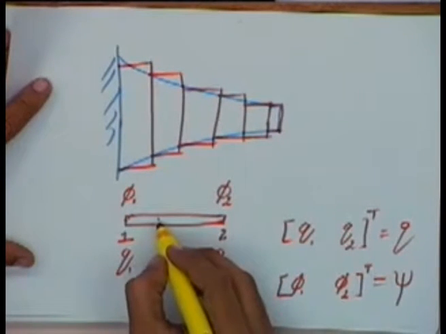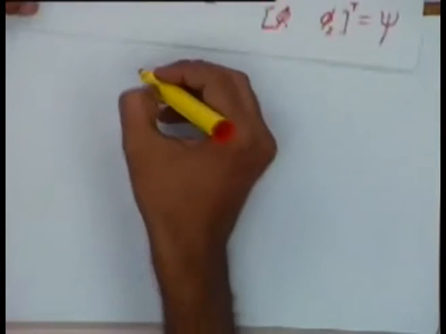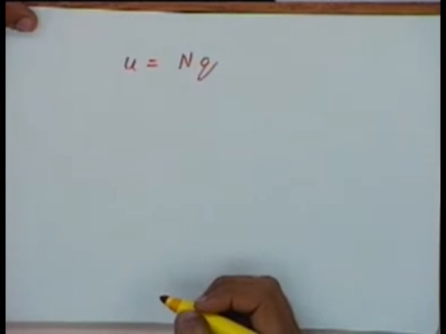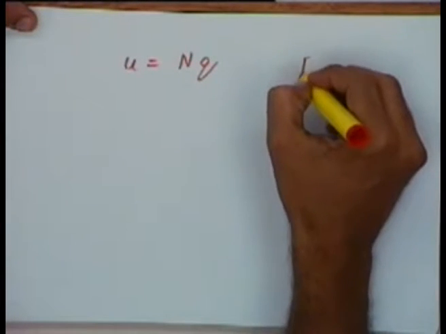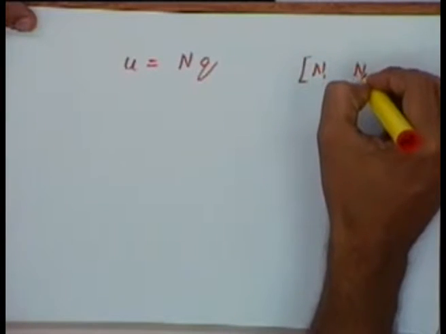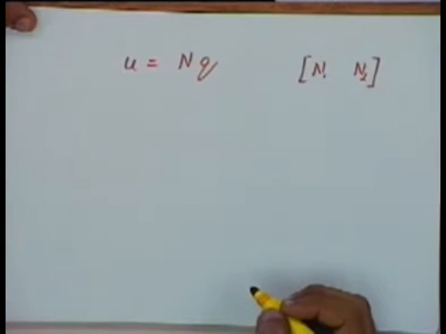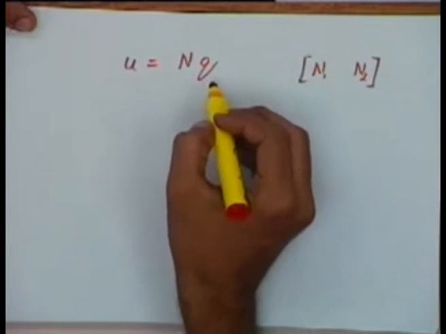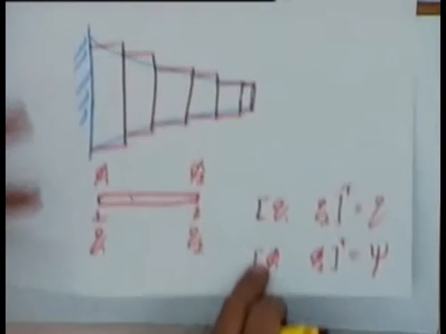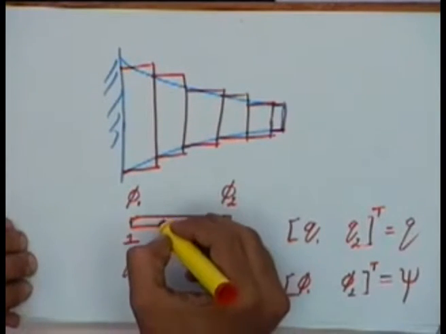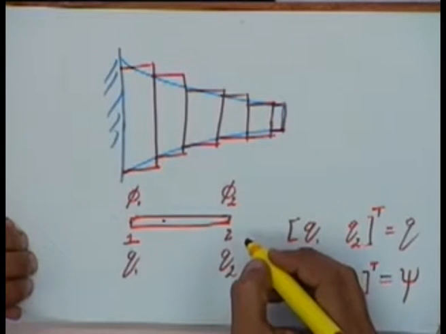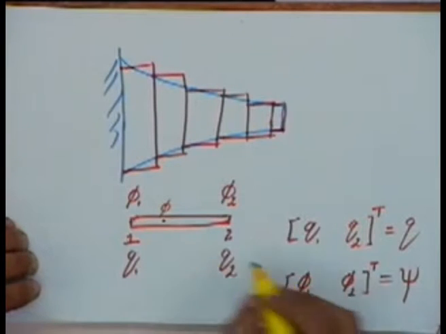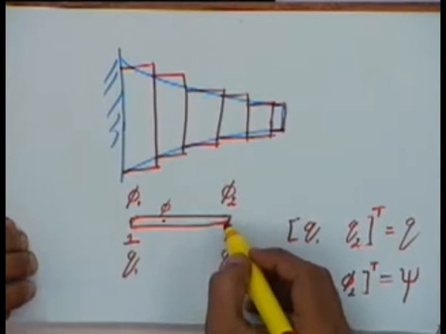if I want to find out the actual displacement, we have written the equations earlier. We said u will be equal to n times q. Okay, where n is nothing but n1 n2, where n1 and n2 are the shape functions. So we have said u is equal to n times q. Similarly, if you want to find out the virtual displacement at any point inside this element, let us say the virtual displacement here is phi, we will again say that this phi will be a linear combination of phi 1 and phi 2.